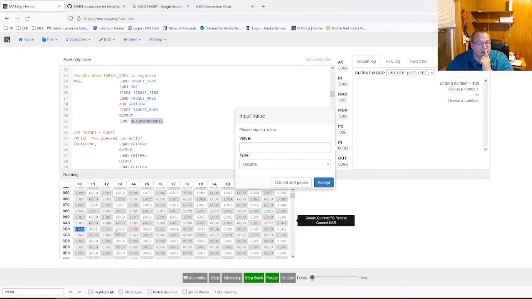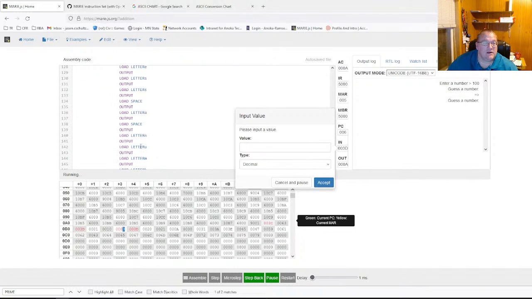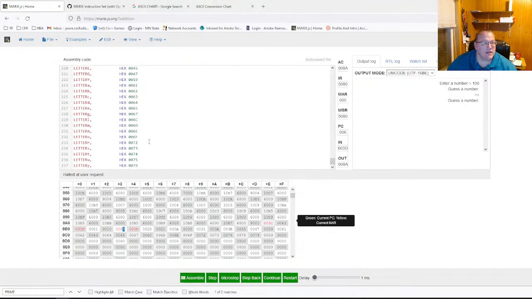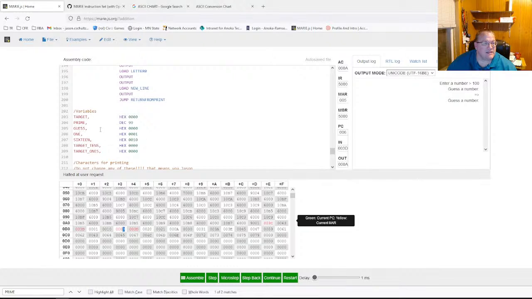So 3. This is our first digit. So that's 2 places beyond our guess. So 1, 2 here. That's our tens place. And hey, look at that. That is our tens place. That's good.